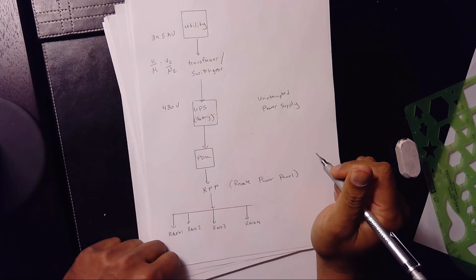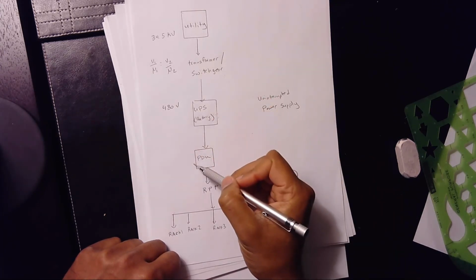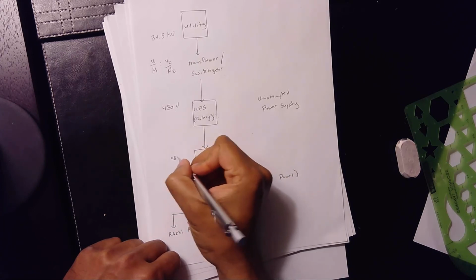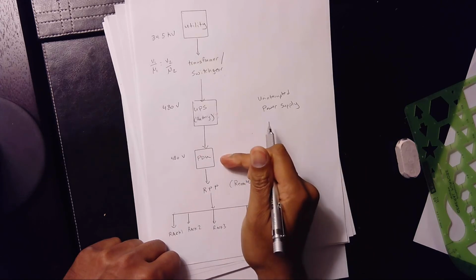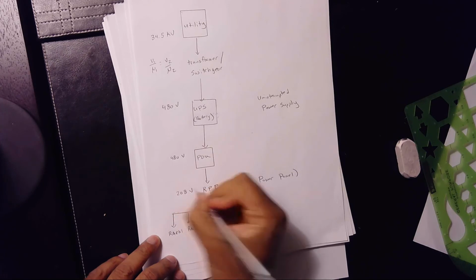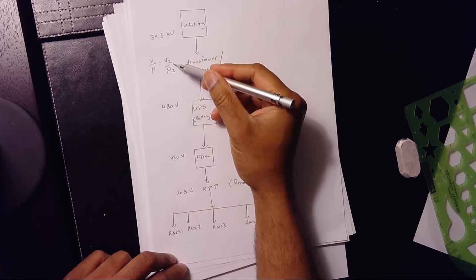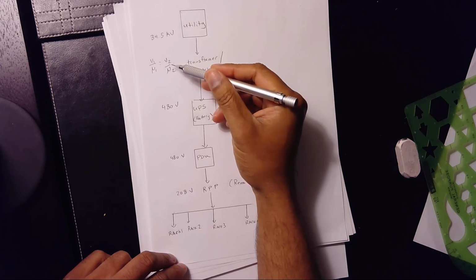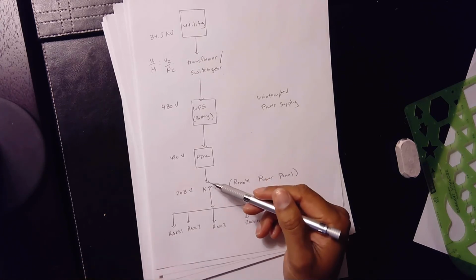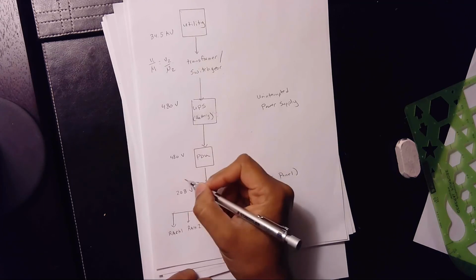Now, this 480 to this 480 is going to be the same. The 480 will drop to 208 volts here. Obviously, V1 over N1 equals V2 over N2 is the same concept here. So again, you apply the transformer here.